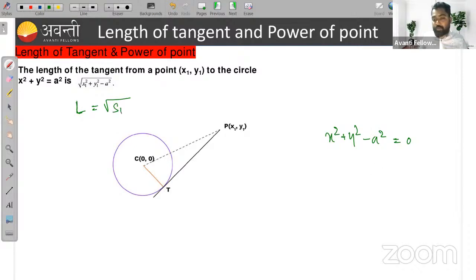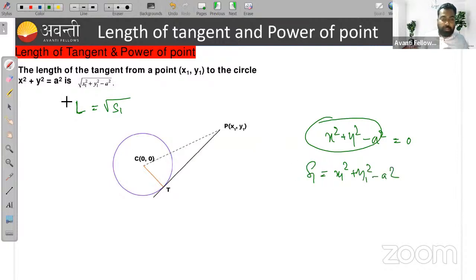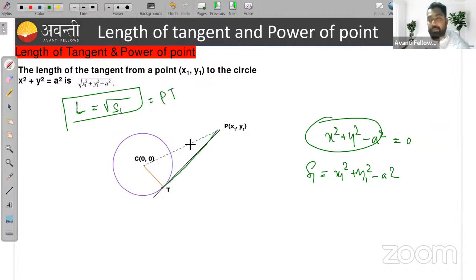So what is S1? S1 is to put the given point in the left hand side of the circle. So you will get x1 square plus y1 square minus a square, right? If this is my S1, then the length of the tangent will be root of S1. That means this PT, this length, becomes root of S1. Clear?